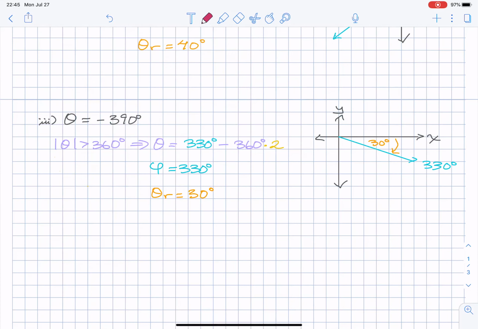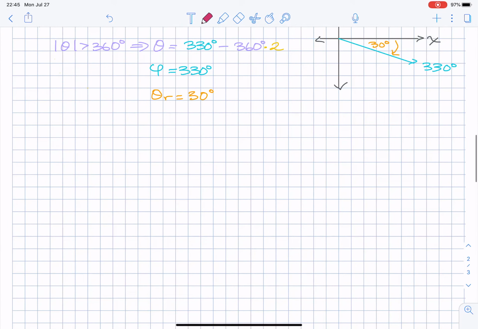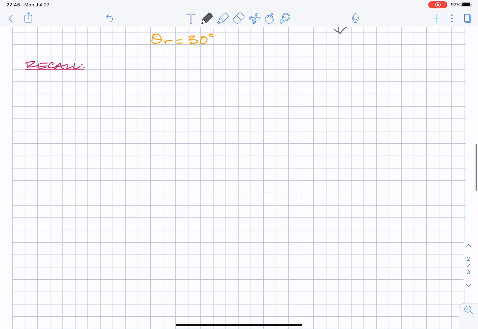Okay, so let's recall the signs in each quadrant. So x and y coordinate axes, how much space do I have? Okay, so let's go ahead and draw x and y.